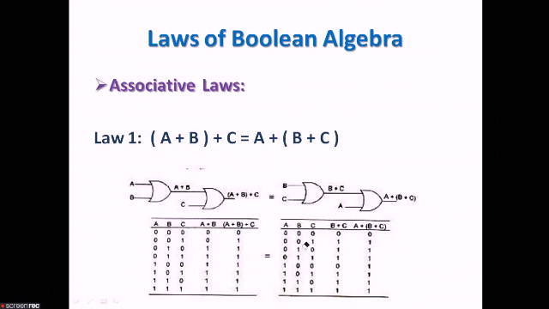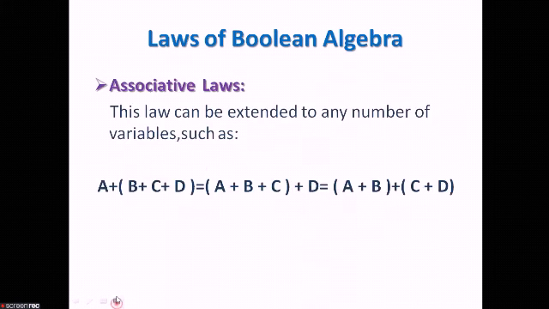Now again, this law can be extended to a number of variables. How? We will be seeing it in the next slide. This associative law, the first law, a plus b in brackets plus c is equal to a plus in brackets b plus c, can be extended to a number of variables. How? We are showing it. That is a plus in brackets b plus c plus d.